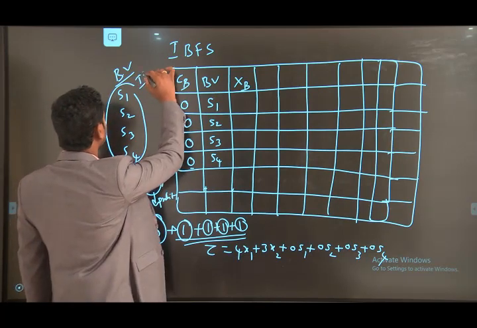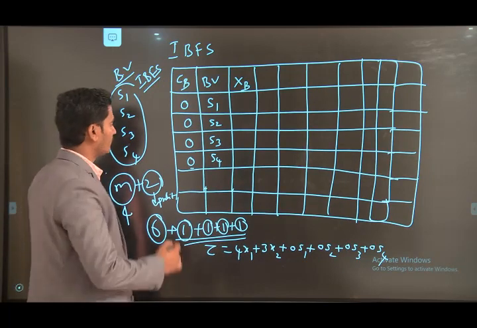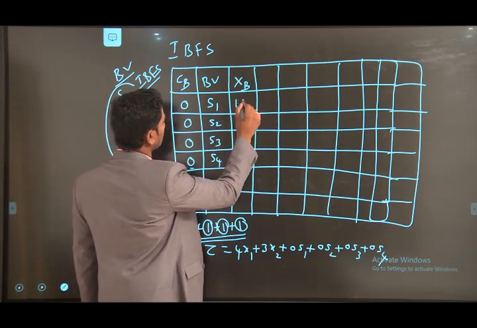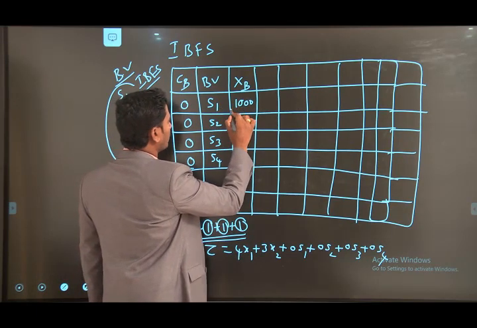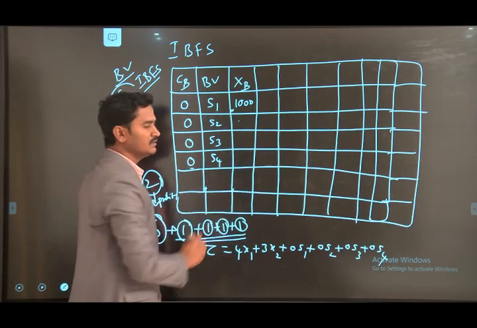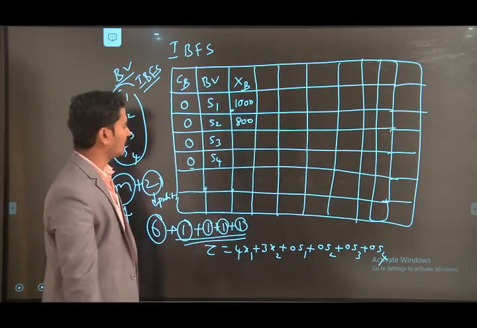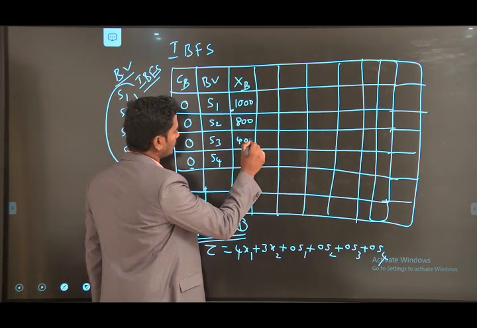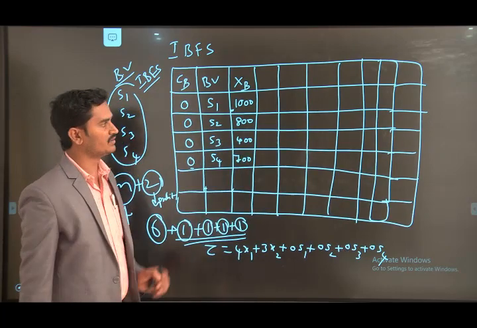We are finding the initial basic feasible solution, and we already found it for the constraints. For the first constraint, S1 is 1000, the time availability constraint. Next, S2 is the leather supply, 800. The third one is the buckle types for belt A, 400. Next, this one is 700. Solution values are over.